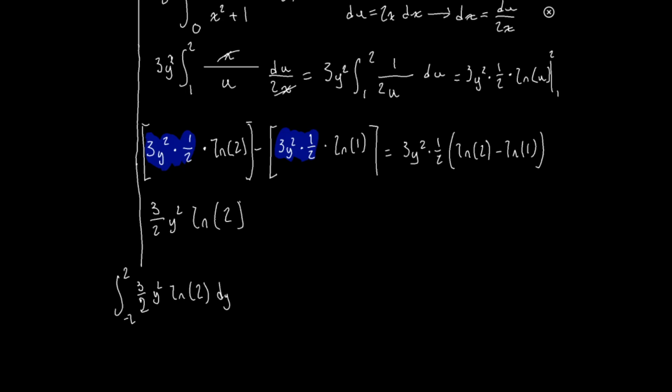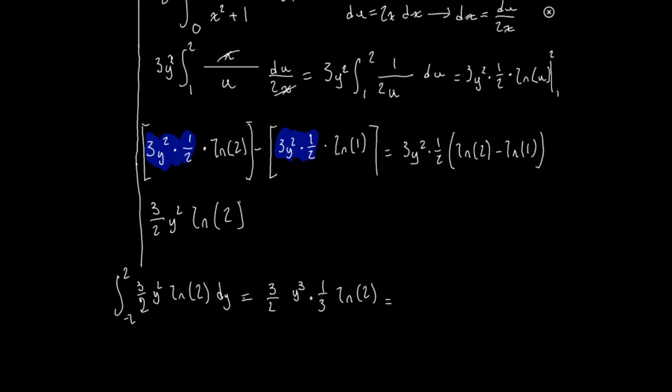It's actually pretty easy because everything in here is constant except for y squared. So we can just go 3/2, and then the integral of y squared is y cubed times 1/3, right? And then ln2.